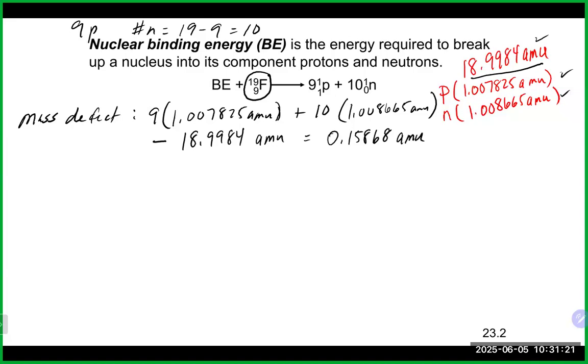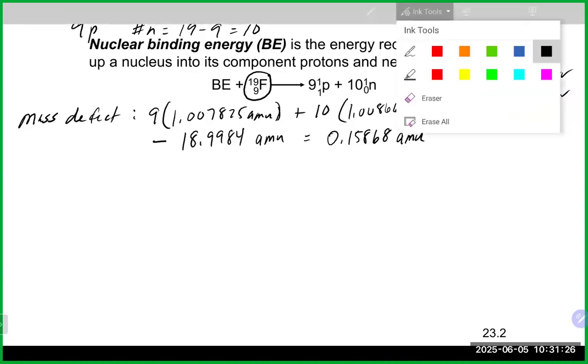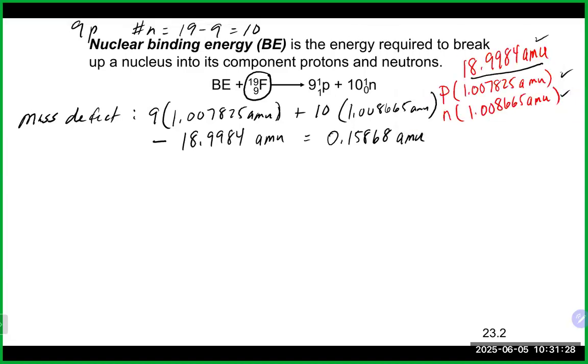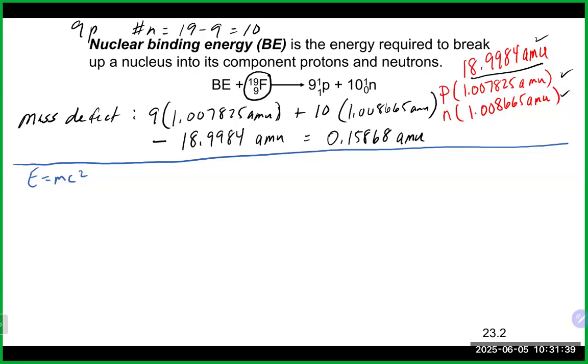Now, once you determine the mass defect, which is going to get converted into energy, you do have 2 options as to how to do it. I'm going to show you both options here. You can go into Einstein's equation, E equals mc squared. In this case, the m is our mass defect.